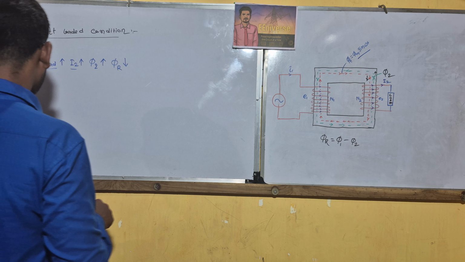So for MMF, we know that flux equals MMF by reluctance, so that's why we write MMF by reluctance.